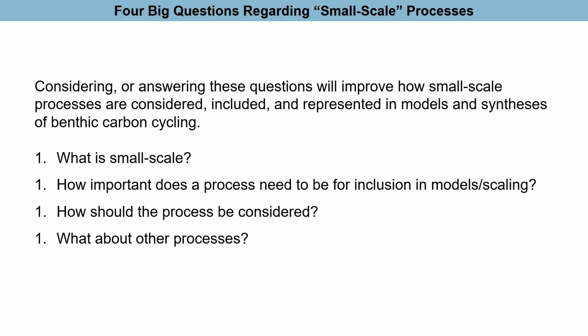We also should think about how the process should be considered, right? We can think about bare sediments versus oysters, or bare sediments versus seagrass and oysters, right? Whatever the importance of this oyster is, should we think about just that system itself, or this cloud, this space around the system where the small scale process or habitat is influencing things?